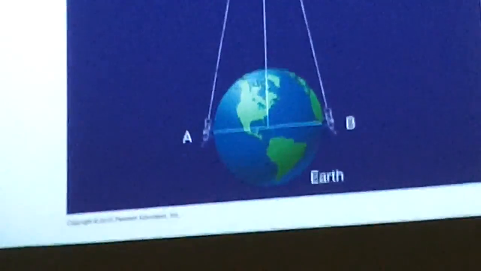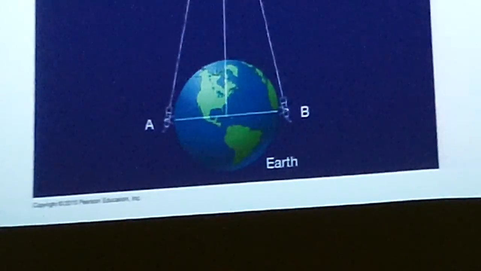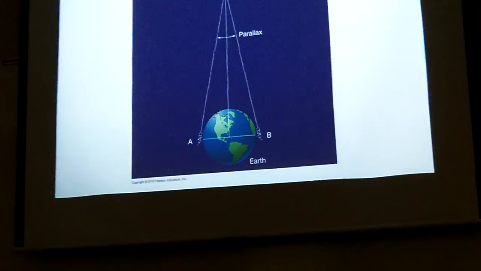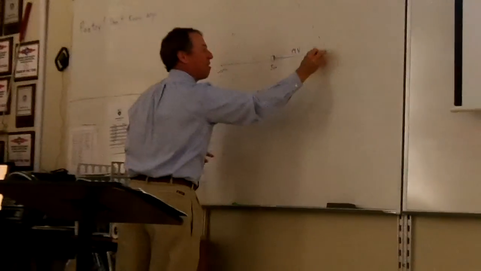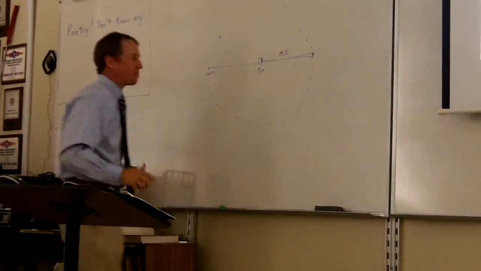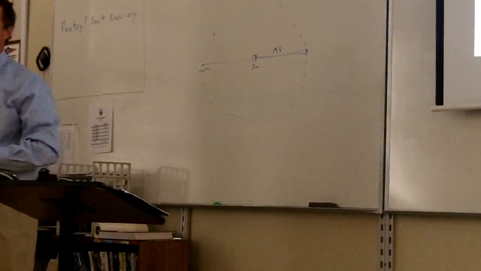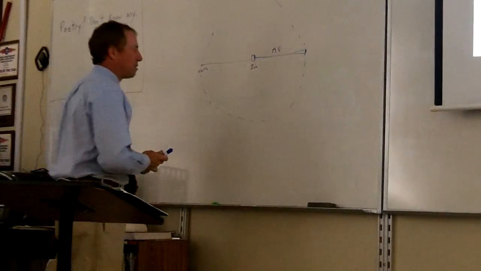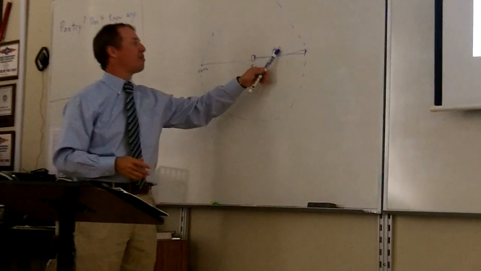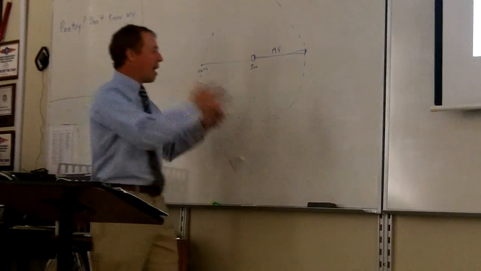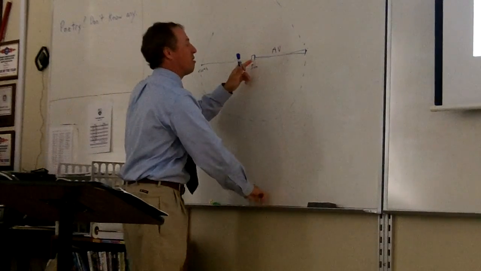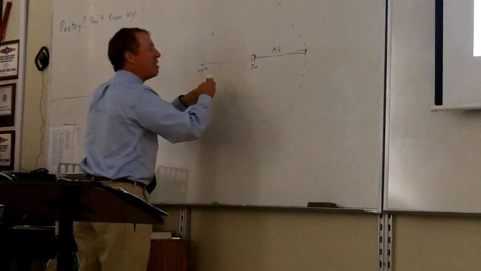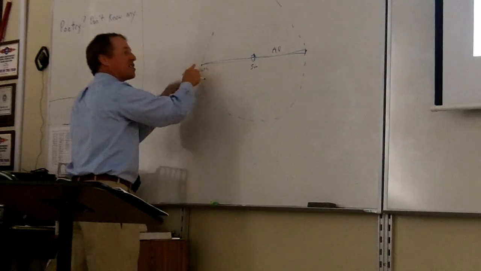Then you have a baseline that is what we call 2 AUs. An AU is the distance between the sun and the Earth. It's like 93 million miles. It's something just crazy. Why is it called AU? Astronomical unit. Got it. 1 AU is the distance between the sun and the Earth. So this baseline is 2 AUs long if you just wait 6 months.